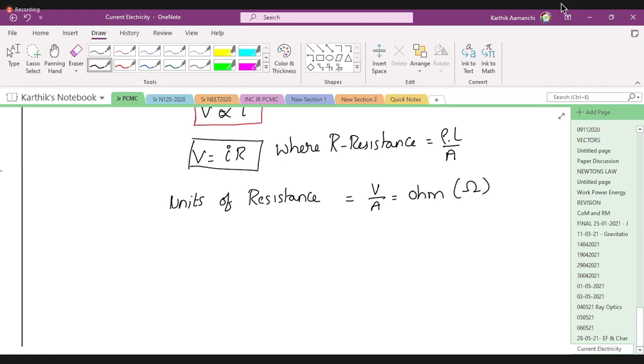Next, put your heading as temperature dependence of resistivity.